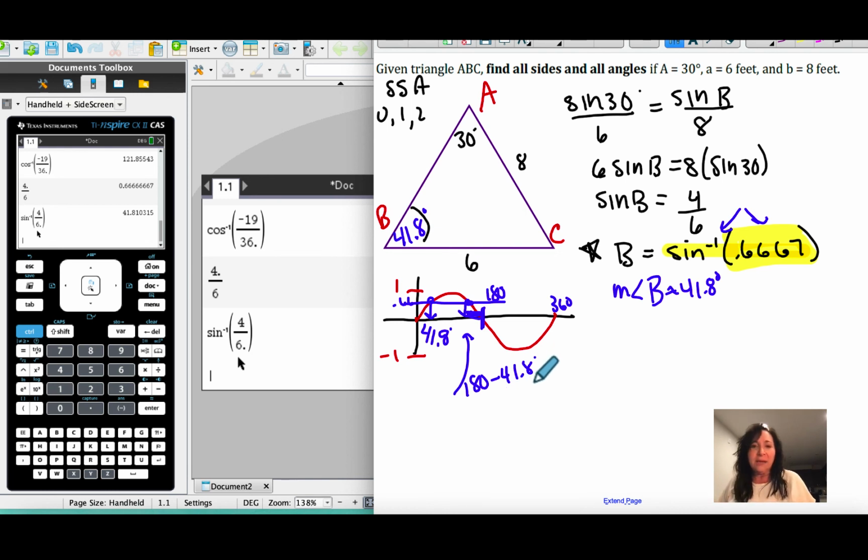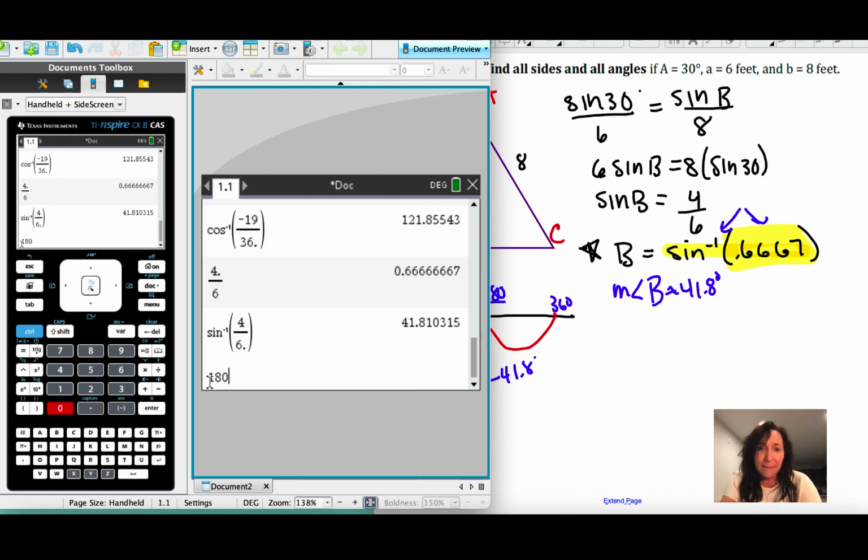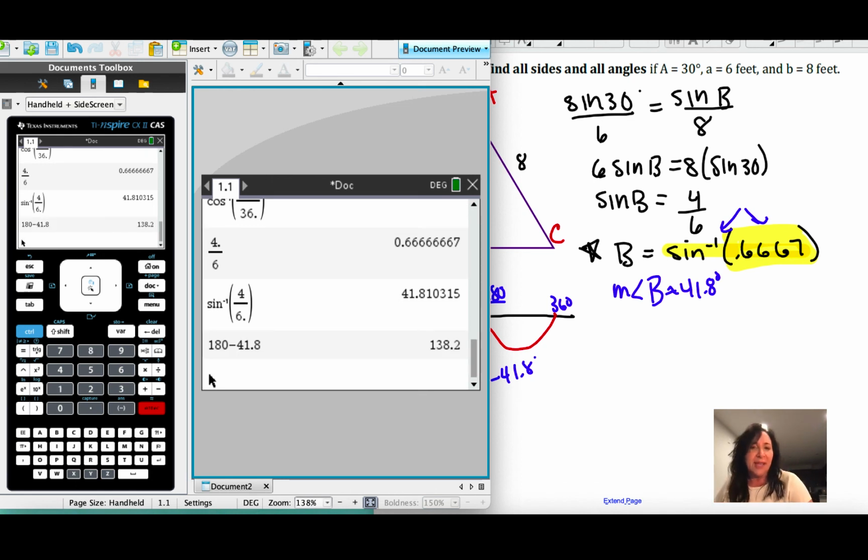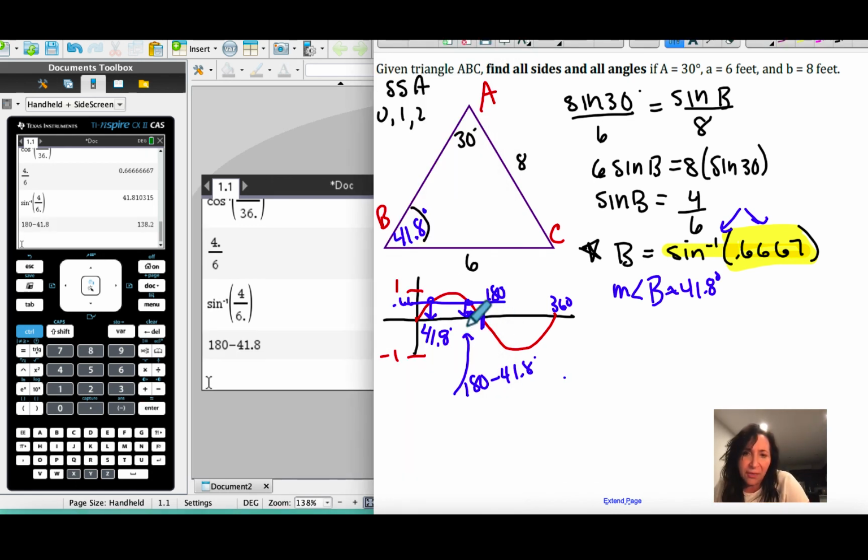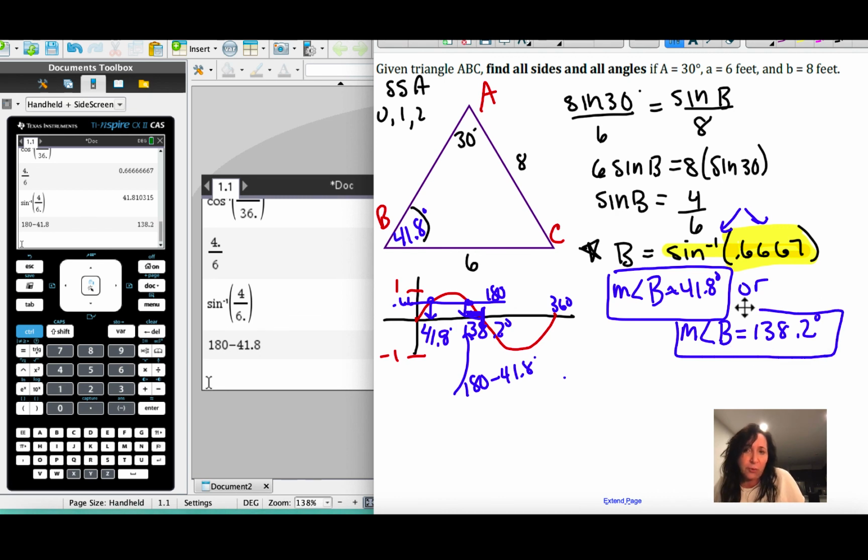So 180 minus 41.8, use my calculator again, is going to give me 138.2. So the other angle is 138.2. So the measure of angle B is also equal to 138.2. Now, not always are these angles going to create a triangle.